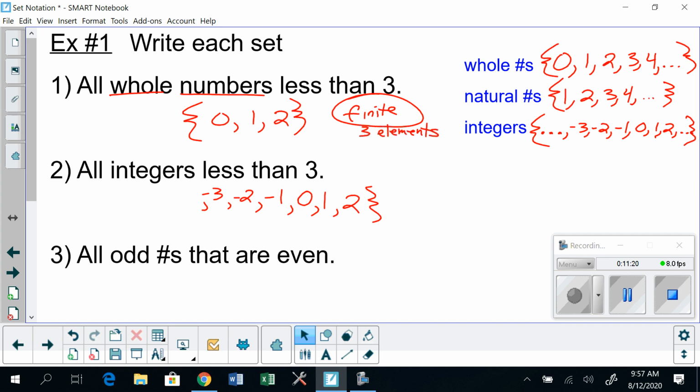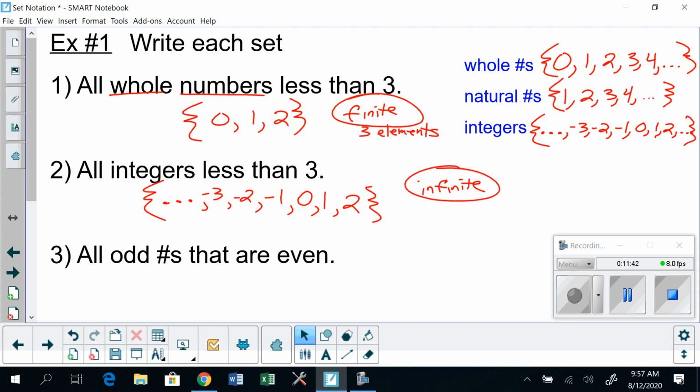And this list would go on forever. It is an infinite set. Here, though, the dot, dot, dot would actually go at the beginning of the list to show that this list continues forever in the negative direction. This particular set is an example of an infinite set. It has an infinite number of elements.